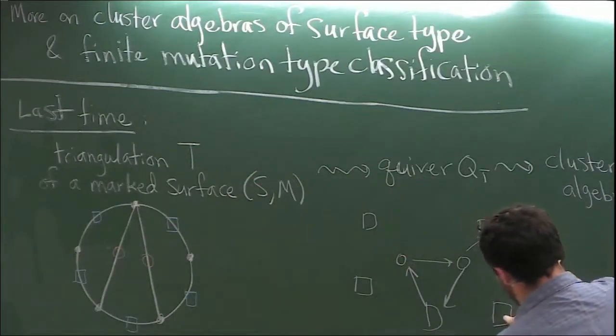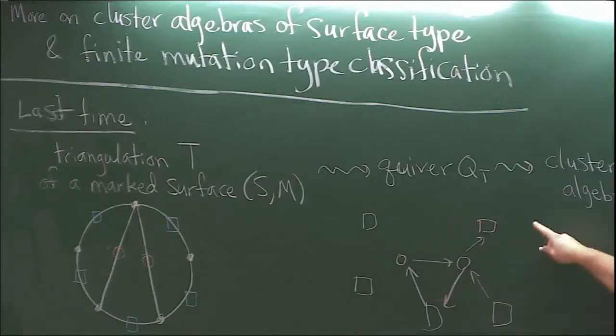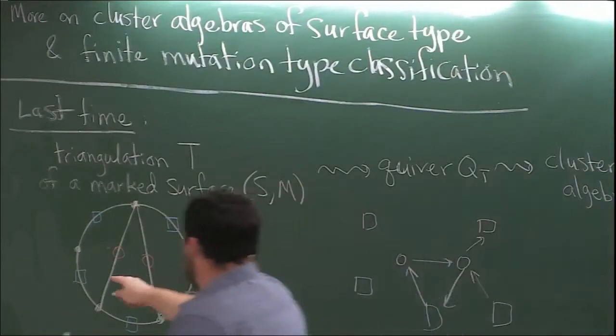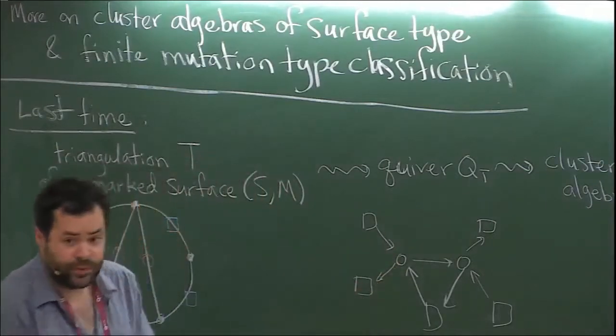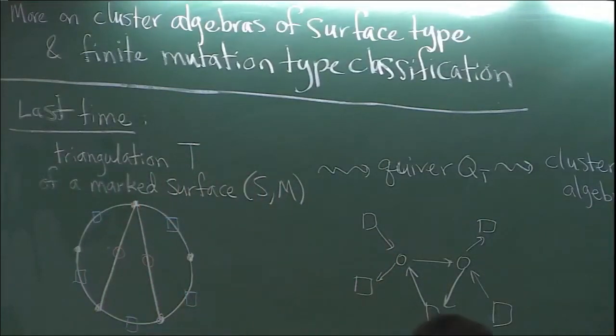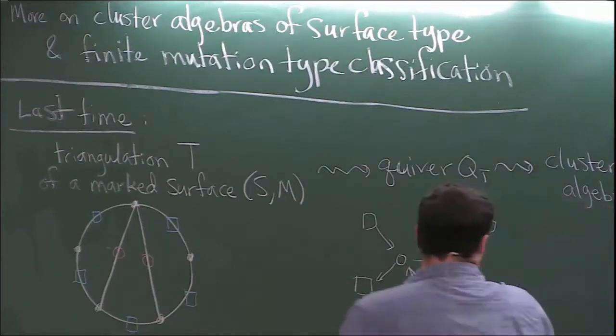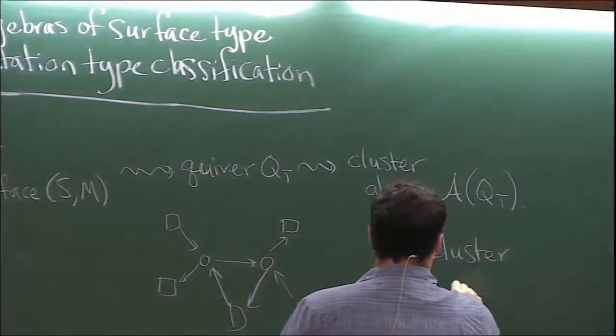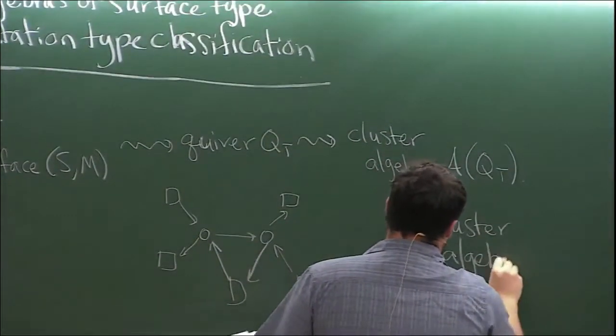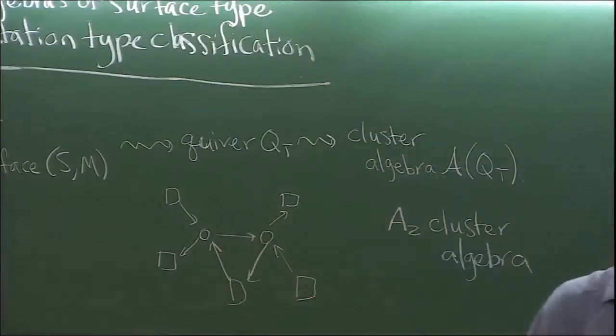So this, and this, but I'm not drawing that one. And this guy, I get one more, like this. Okay. Just to remind you, and then from a quiver, we get a cluster algebra, and this is the A2 cluster algebra with some coefficients because of these frozen guys. Okay.